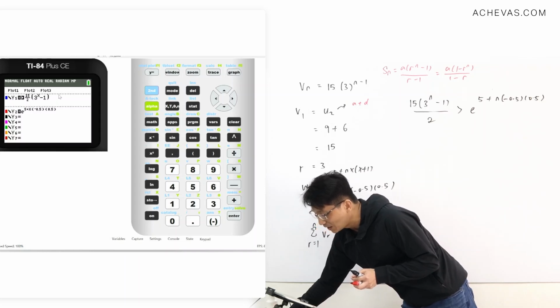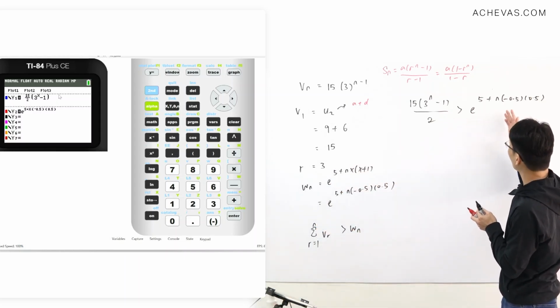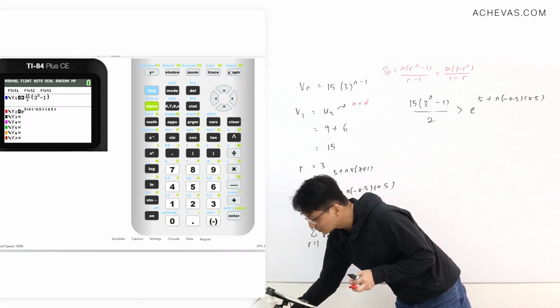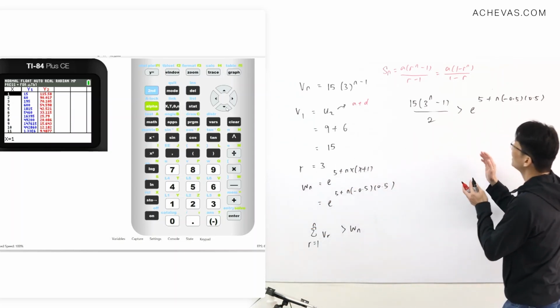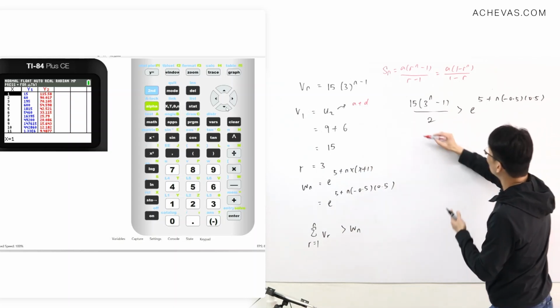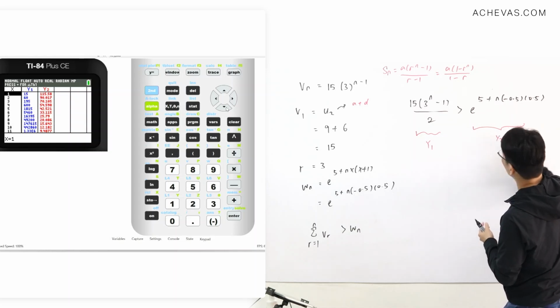From our GC, I've keyed in the left-hand side of this equation as my y1, and the right-hand side as my y2. From here, I'll just go to second graph to generate the table. What we require is to find the least value of n such that the left-hand side, y1, is bigger than y2.